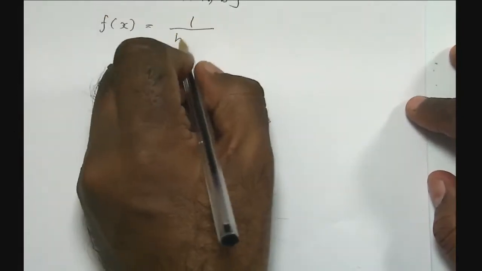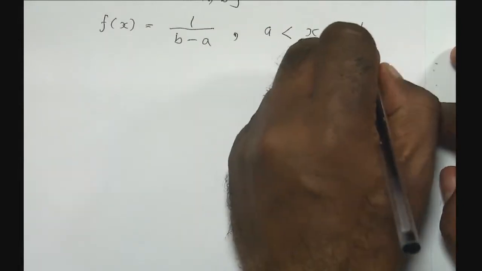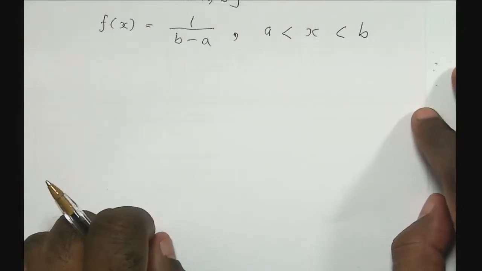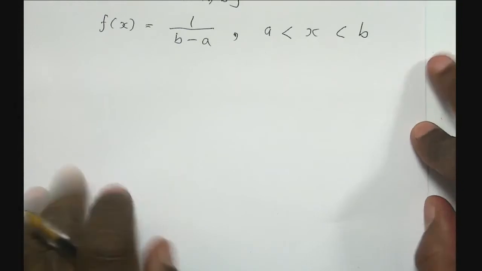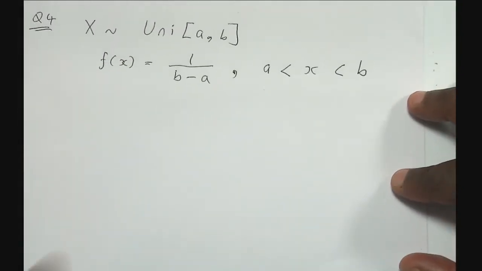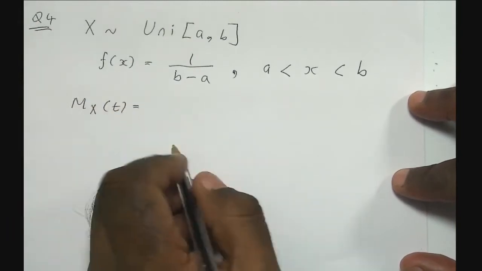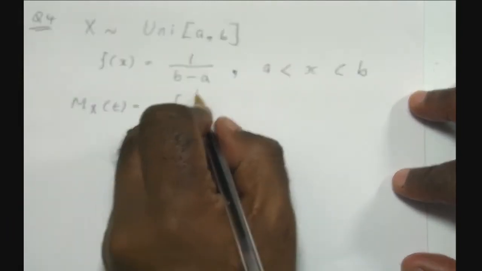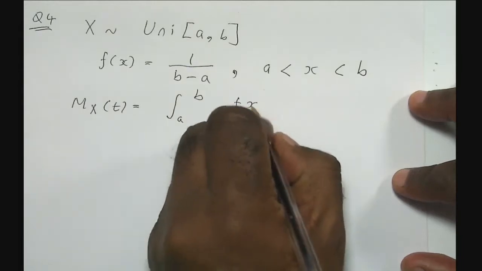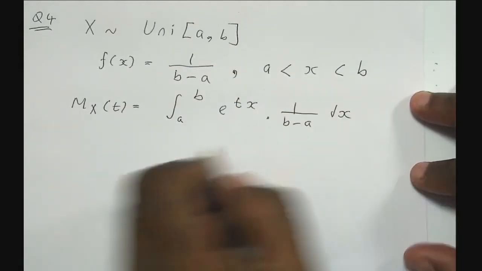So in this case, if you look at the notes, you will see this is the density function of the continuous uniform. And so the MGF by definition is the integral from a to b of e to the tx times 1 over b minus a dx.